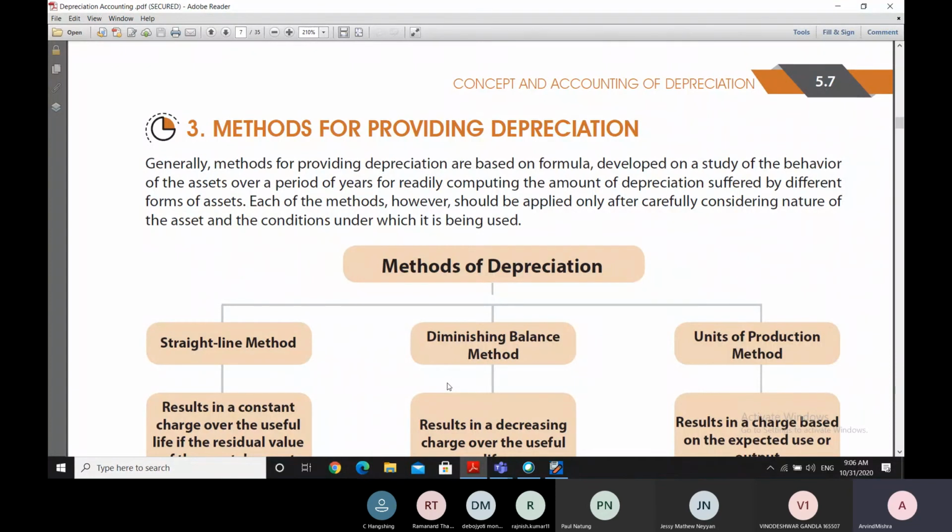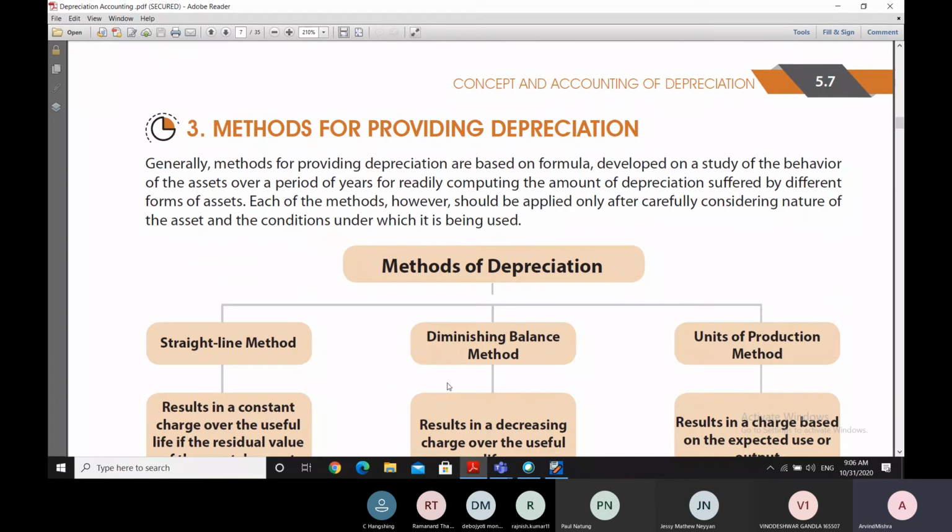So for different forms of the assets, on the basis of the study of the behavior of those assets, different formulas have been formally developed to calculate the depreciation. These formulas are the methods of providing depreciation in those cases.